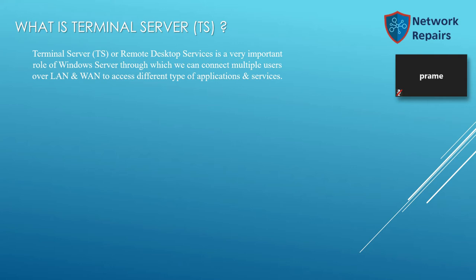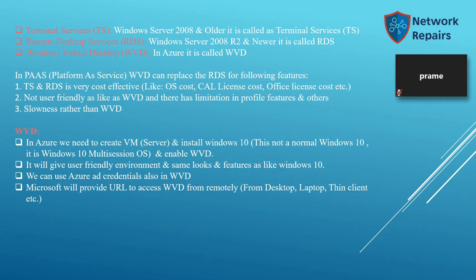Still, the terminal server (TS), or Remote Desktop Services, is a very important role of Windows Server through which we can connect multiple users over LAN and WAN to access different types of applications and services. Now there are three terms: terminal server TS, remote desktop services RDS, and Windows Virtual Desktop WVD.